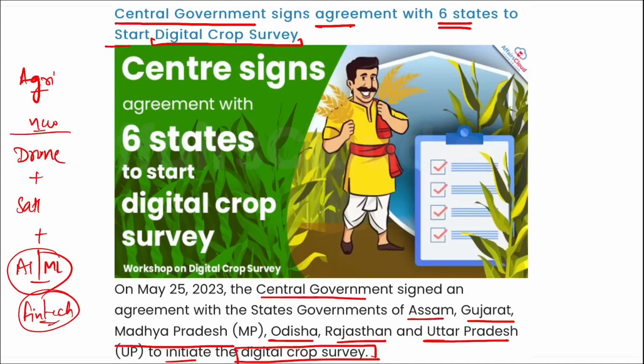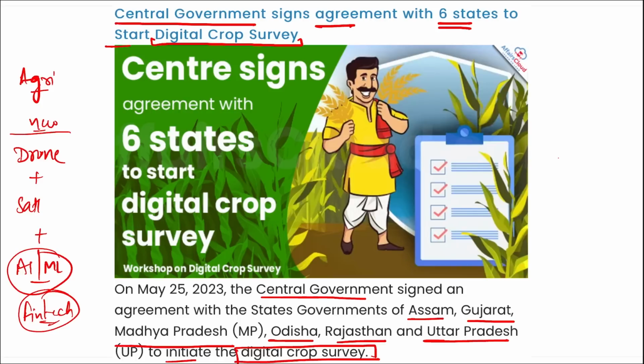Correct? The main aim here is to create a verified source of truth about the farmer and their crop data. What is this digital crop survey we just discussed? It is a part of the government's AgriStack, or India's digital ecosystem for agriculture, that has been under development since 2020. Correct?